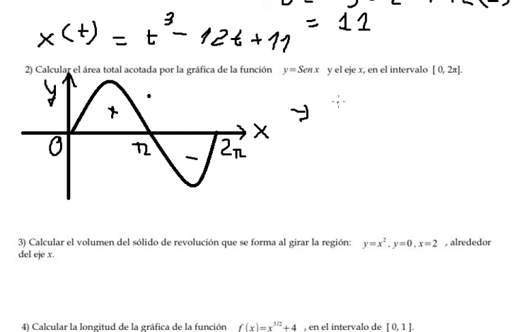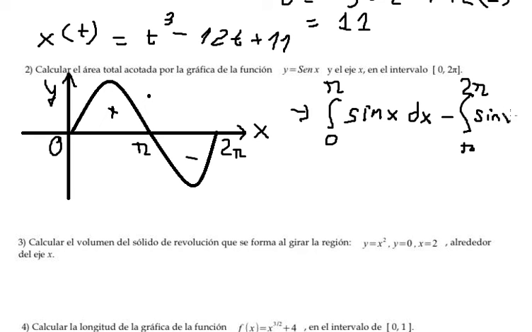So we will have the integral from 0 to π of sin s ds. Because this one is negative, we need to put the negative sign in here, from π to 2π of sin s ds.